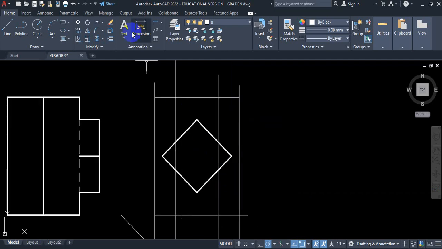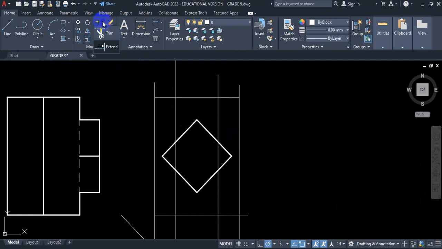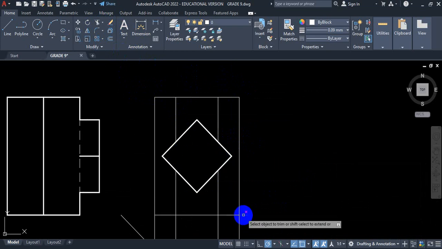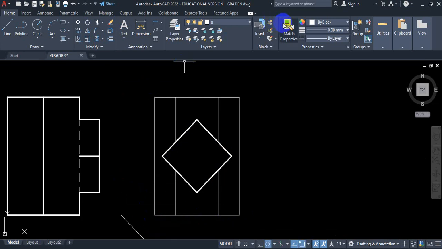So with this then, let's just quickly trim what you don't need. We will not see this and we will not see that.